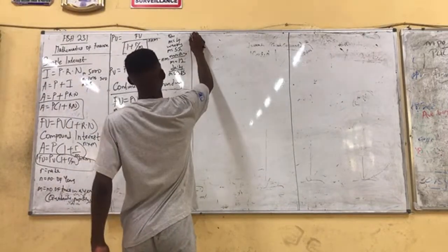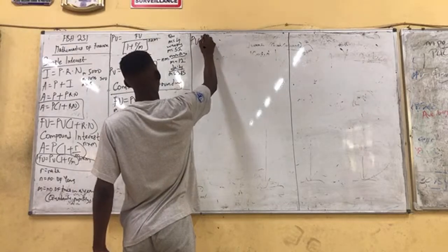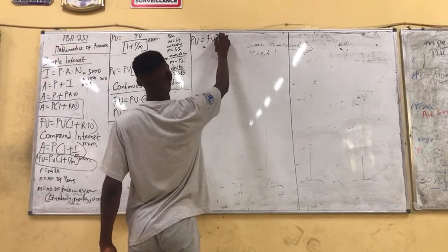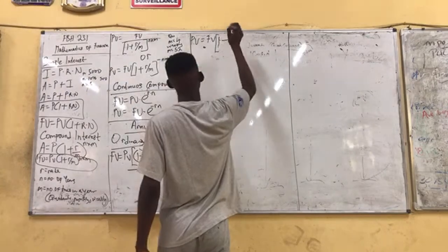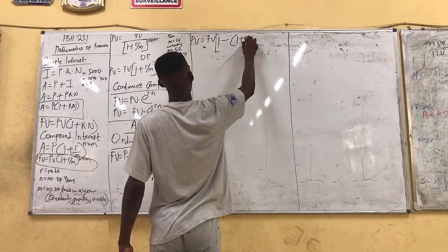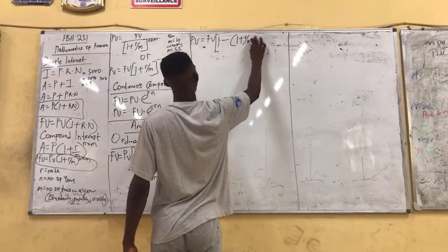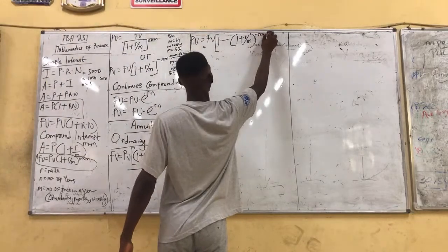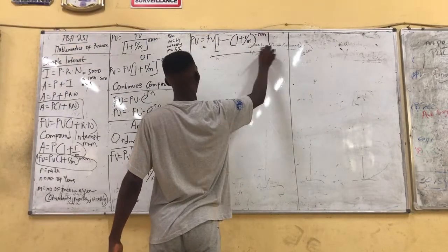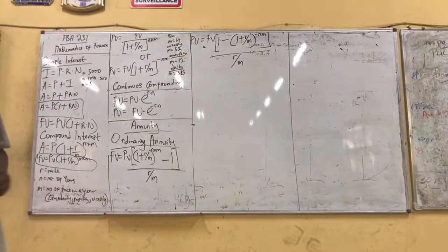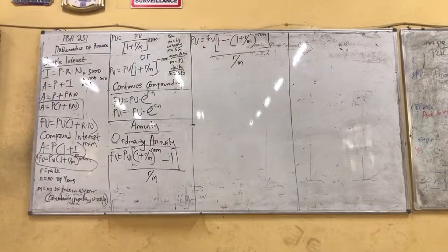Or you can take it this way: your present value equals your future value, open bracket, 1 minus, open bracket, 1 plus R over M, close bracket, to the power of minus nM, close bracket, over R over M. So that's the present value of an ordinary annuity. You get.